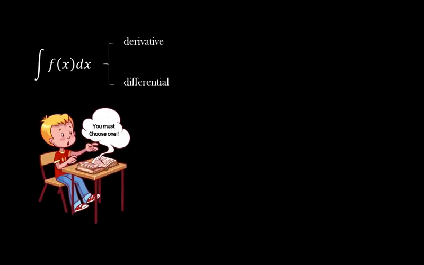Though the results of the inverse process of taking the derivative and that of taking the differential are the same, f(x) plus c, the specific integral of f prime(x) dx itself can only be the inverse process of one of these two operations, because taking the derivative and taking the differential are not the same thing. If it was the inverse process of taking the differential, there should exist the integral of f prime(x) dx equals the integral of df(x) equals the integral of dy.